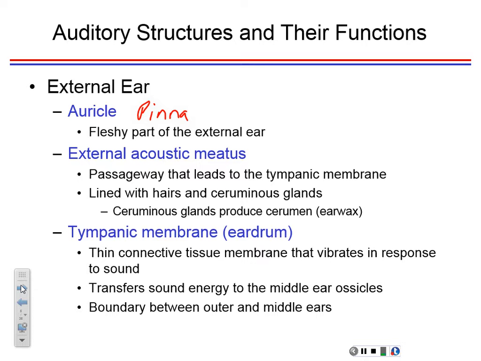The external acoustic meatus is the channel that leads to the tympanic membrane. It is lined with hairs and ceruminous glands. Ceruminous glands produce earwax, and the little hairs move the earwax towards the outside. And what does the earwax do?